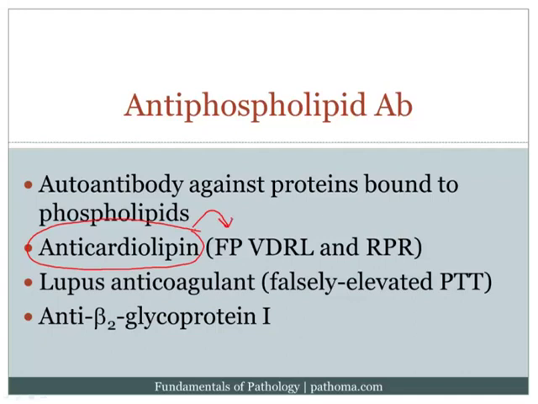Now recall that when we screen for syphilis, we use one of 2 tests, the VDRL or the RPR, and these tests are actually looking for the presence of anti-cardiolipin antibodies. In fact, when patients get infected with syphilis, that results in tissue damage, lipids are released, and it's common for patients with syphilis to develop anti-cardiolipin antibodies. And so these 2 tests actually have cardiolipin as a reagent, and they look for anti-cardiolipin antibodies.